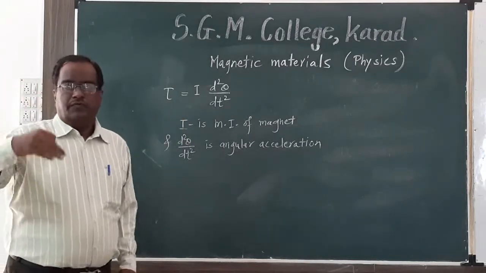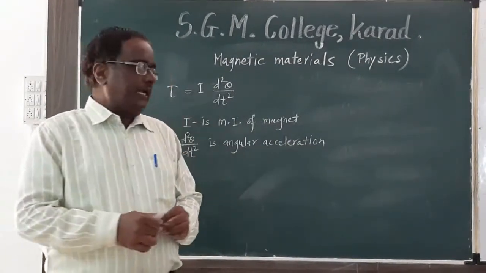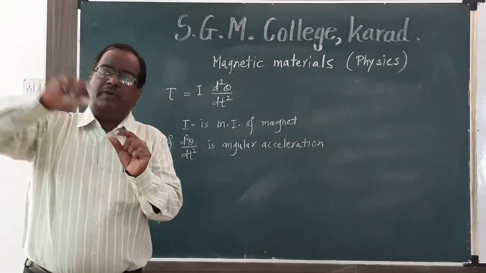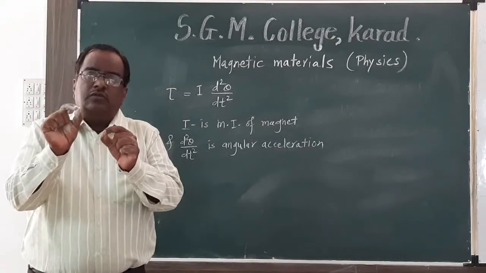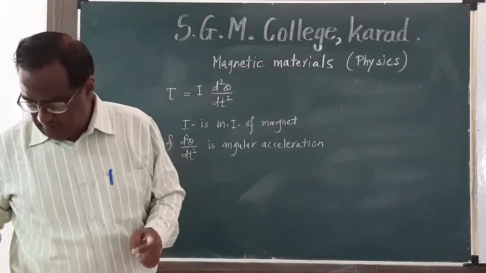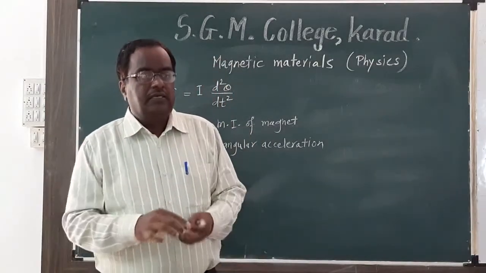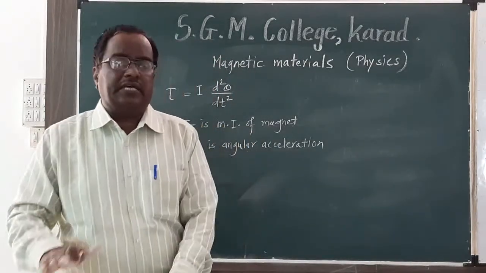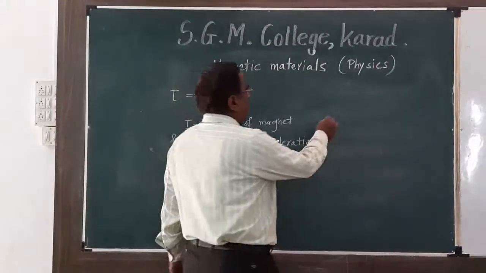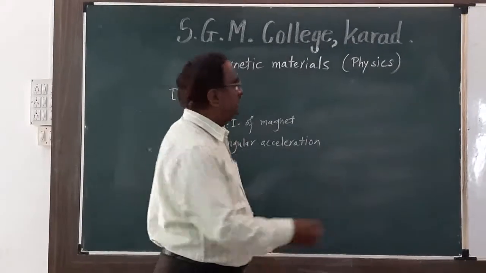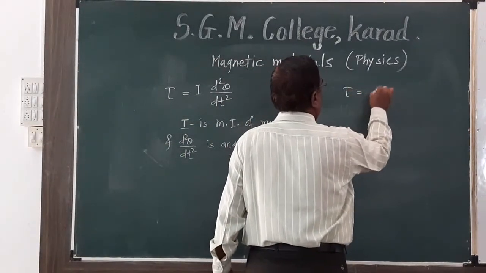Now, we will find another expression for restoring torque. When the magnet is in equilibrium position and we displace the magnet through angle d theta in the opposite direction, then the restoring torque is given by, as we already know, torque tau is equal to MB sin theta.